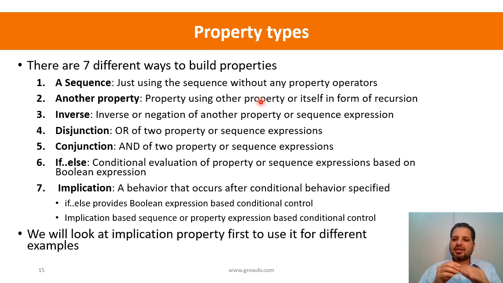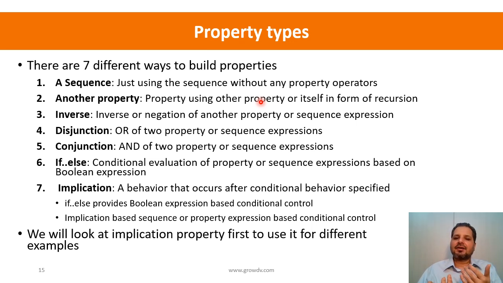When you say if, you have to put a Boolean expression in that, but you cannot put a sequence, like saying if this particular sequence then you do something. That's not possible. If you want to do that, you do it with the implication operator. In the implication operator, you can say if this particular sequence is satisfied, or if a particular sequence specified using a property itself is satisfied, as a condition.